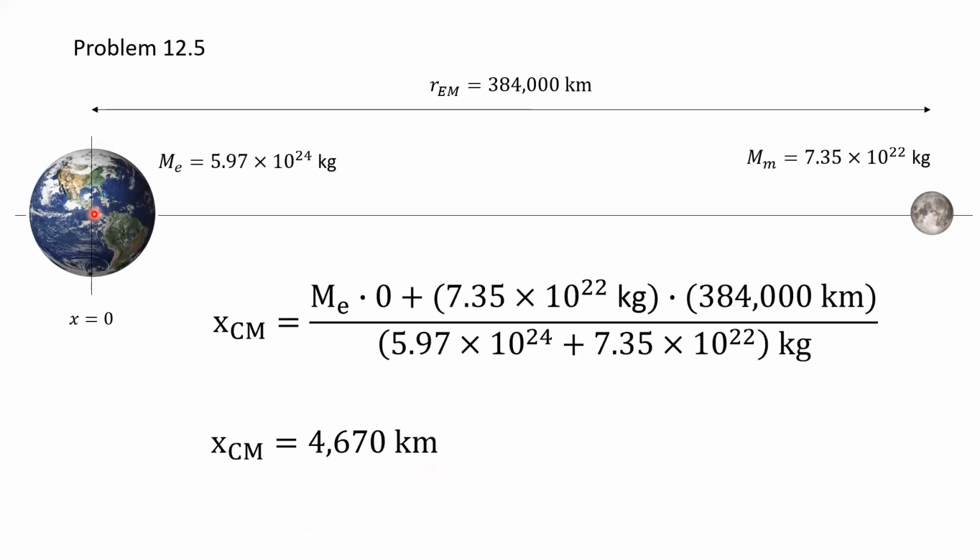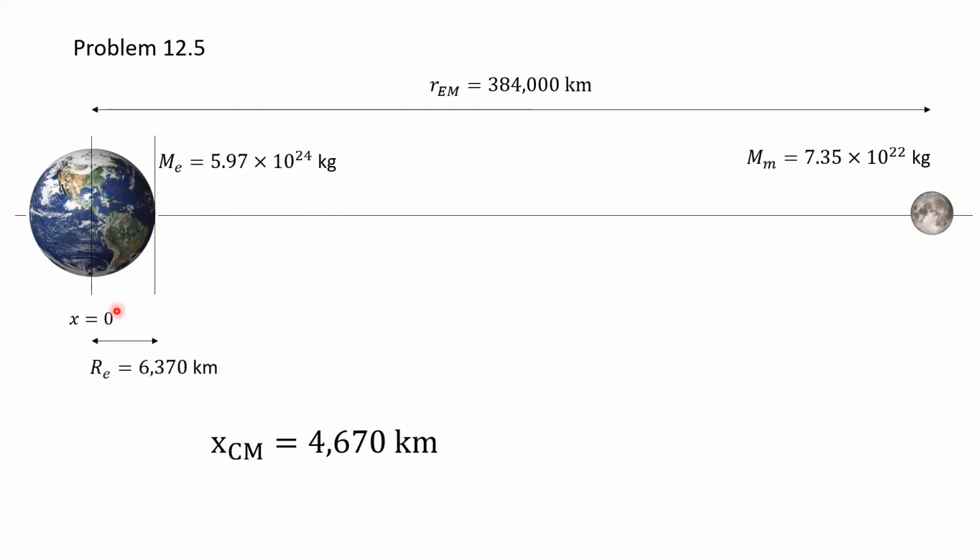Now, before we interpret that, we need to know what this distance is. Like, how far from Earth's surface is the center of mass? Is it here? Is it here? Well, we need to know what this distance is. You can look that up. Earth's radius is something like this. And the interesting result then is that the barycenter is actually beneath the surface of the Earth.